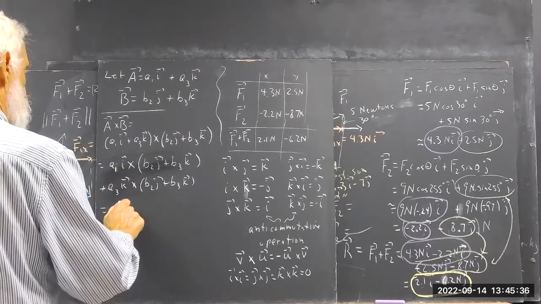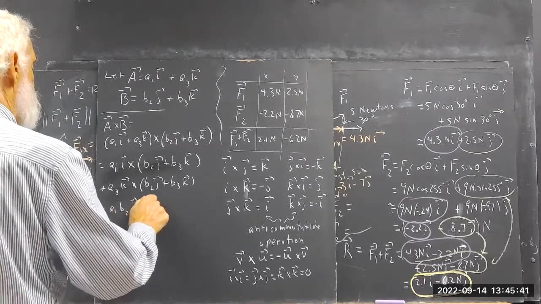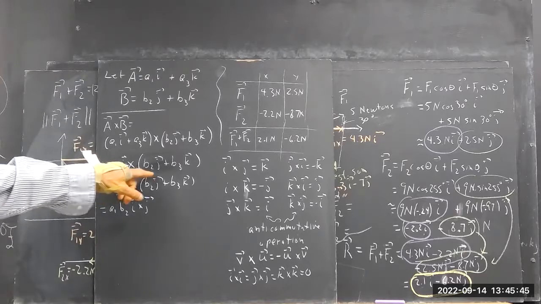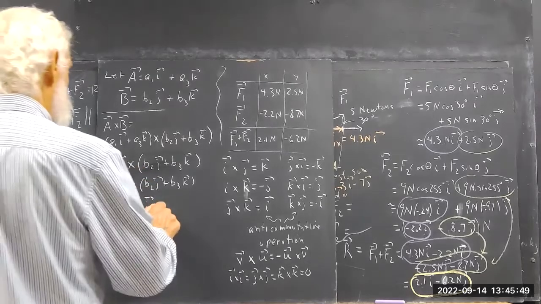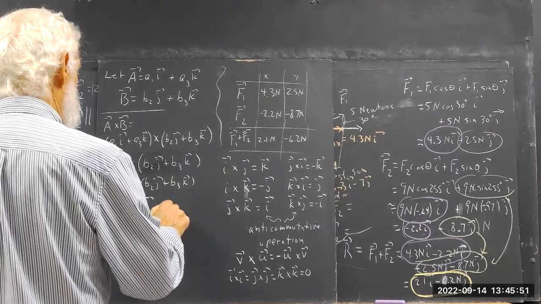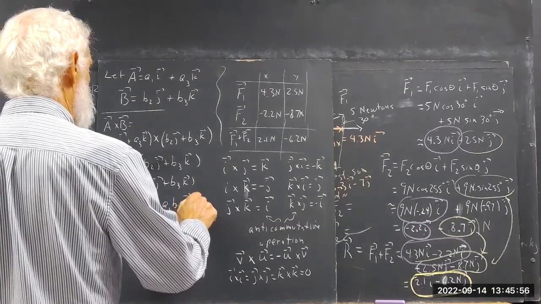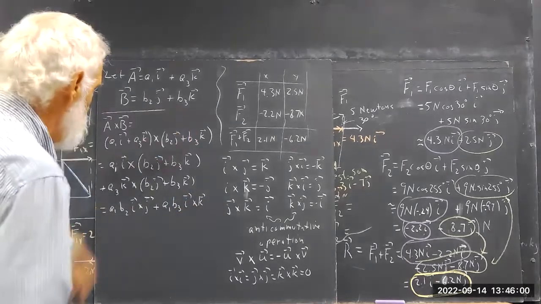A1 B2 I cross J. You've got A1 times B2J, right? And then just crossed with B3K.